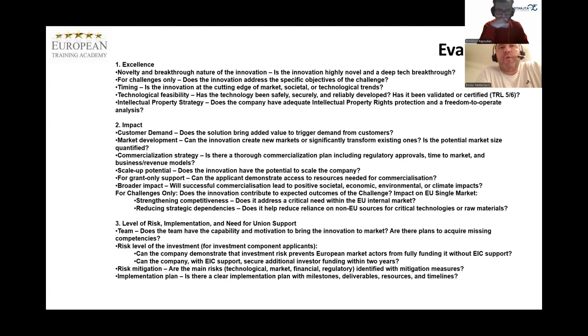For grant-only support, can you demonstrate that you have the resources needed for TRL 9 and mass scale commercialization? Essentially, you can play with it. You can say, after we have done this, we'll then apply to either, and you give letters of support or intent if you have established communication with some innovators, some investors.